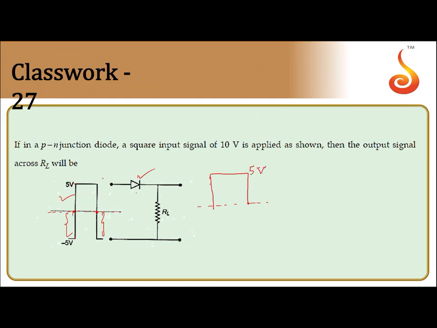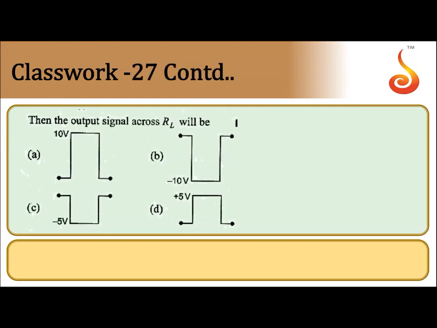So this should be the output. Looking at the options, it should be option D. Negative half will be cut, only positive half will be transmitted.